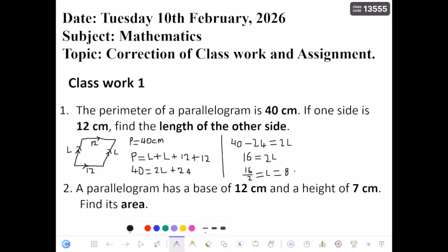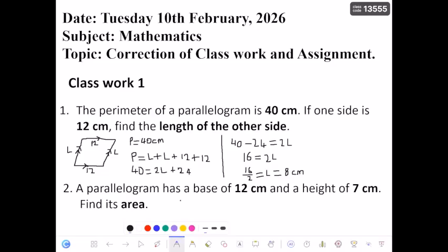Don't forget to always put your unit after calculating. That is 8 centimeter. So that is the solution to question 1 in this classwork. Then question 2 is a parallelogram which has a base of 12 cm and a height of 7 cm.